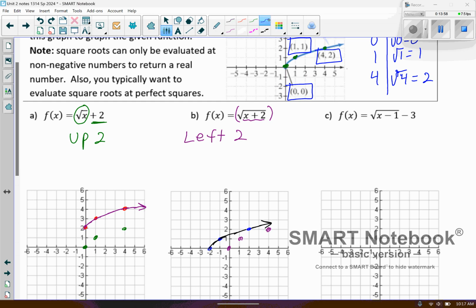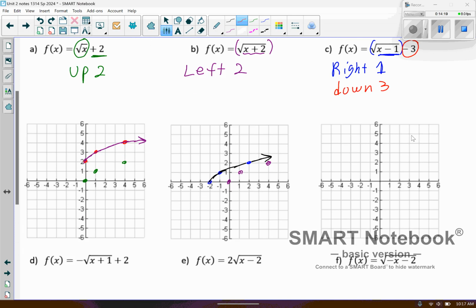Okay, part C actually has 2 transformations taking place. We have to start with this first one right here inside the square root symbol. And so that's going to cause us to go to the right. We're going to go right 1. And then this minus 3 is going to cause us to go down 3. So here are the original points.